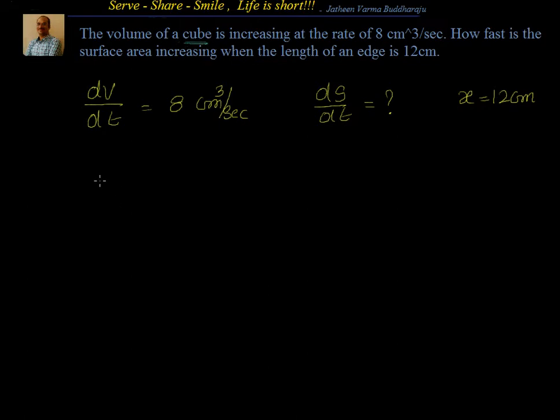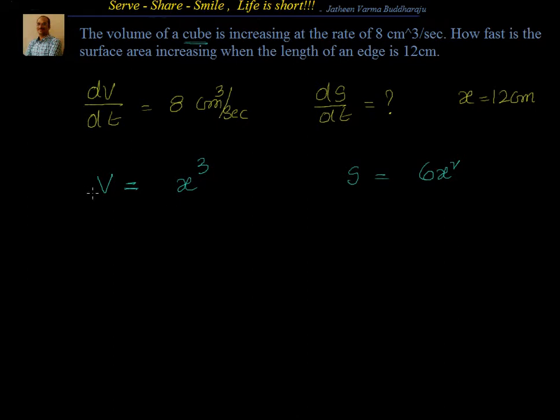Volume of a cube is given by x cube. Surface area of a cube is given by 6 into x square, because there are 6 surfaces. For volume, it is L into B into H, where L equals B equals H equals x, so you get volume equal to x cube.